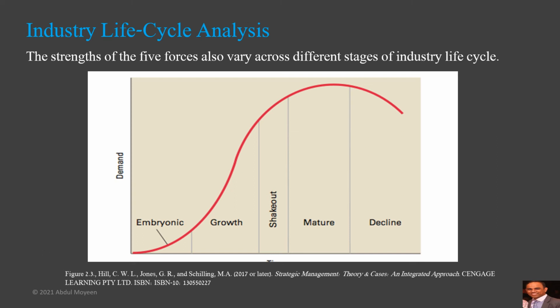Rivalry in an embryonic industry is not so much on price, but on how we can educate our customers, how we can open our distribution channel so that we can make our product available to the customers, and how we can perfect the design of the product.